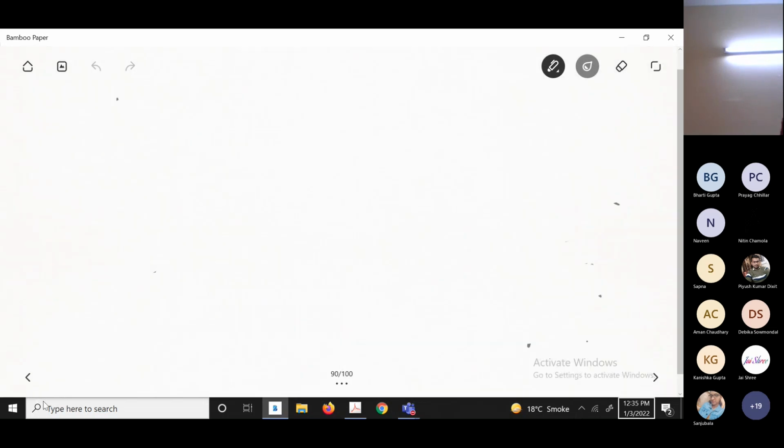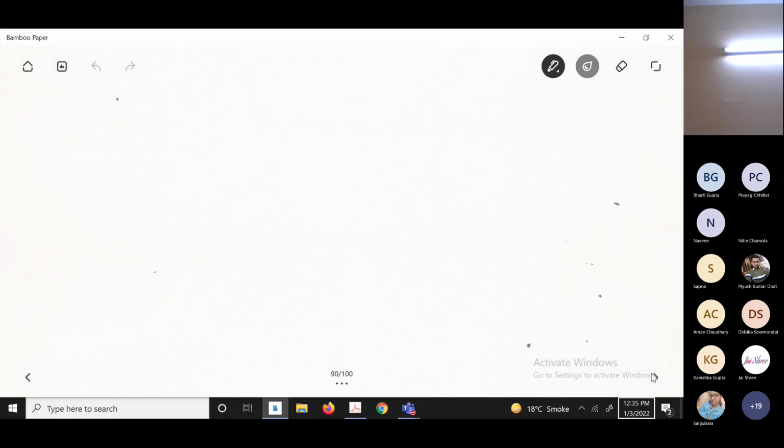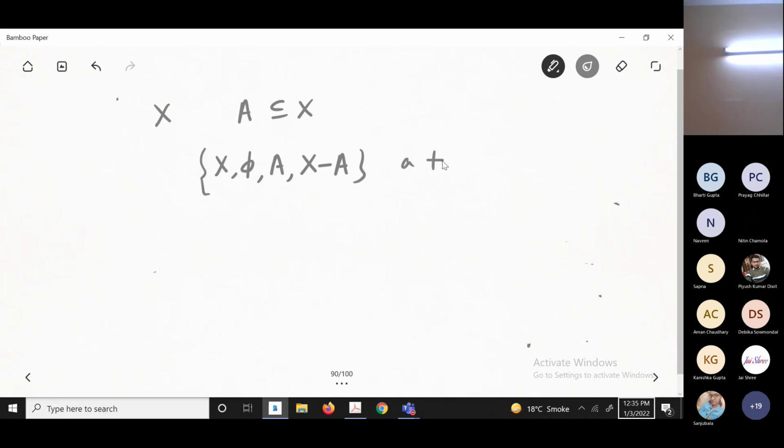This is not working. So suppose you take X, any non-empty set of course, and you take a subset A of X. Then X, phi, A, X minus A will be a topology on X. Look, A need not be non-empty.